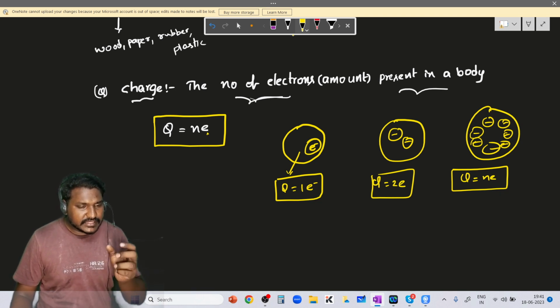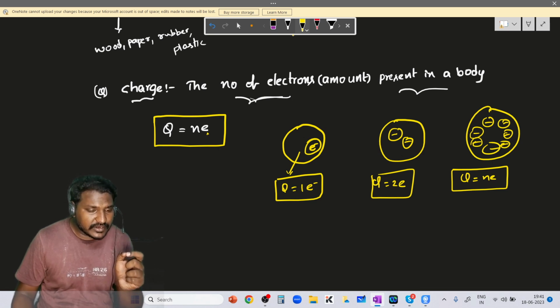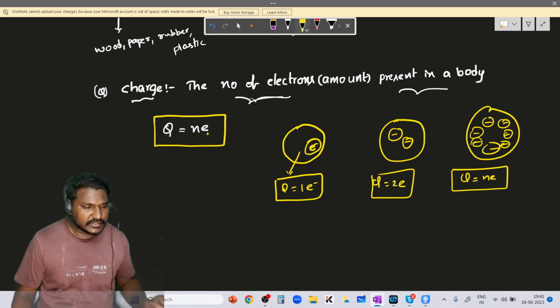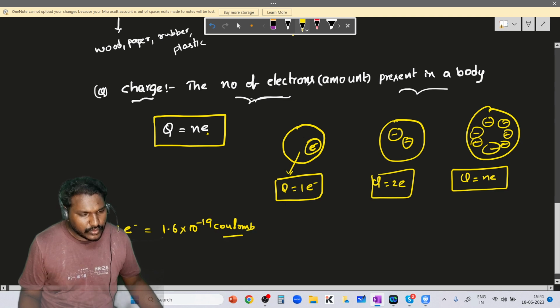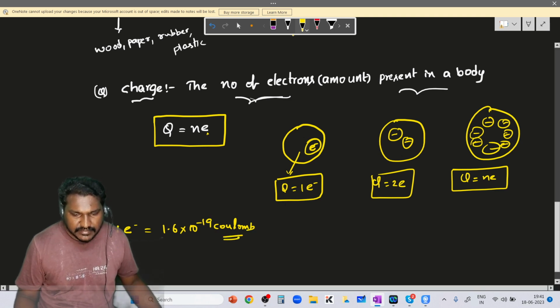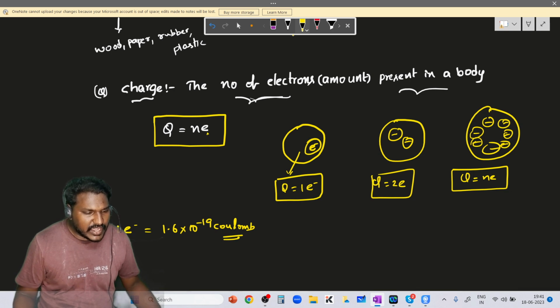Like that, the unit for measuring the amount of electrons is coulombs. One electron carries 1.6 times 10 power minus 19 coulombs. Coulomb is nothing but the amount of charge present in a single electron.